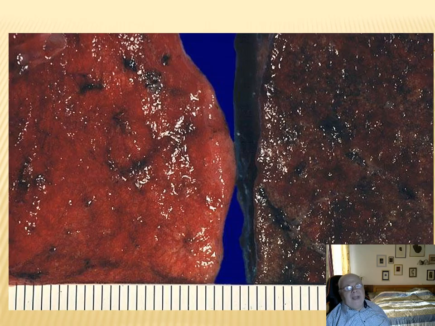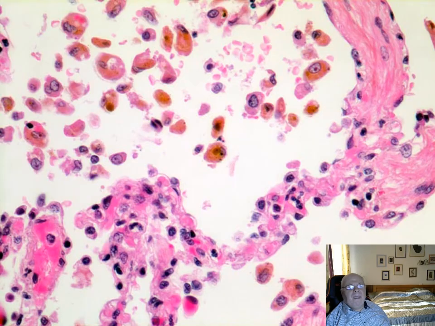This is why it's called like that. So the lung is a little bit larger, harder on palpation, and much browner in color than normal. And this is how it looks at microscopic level.